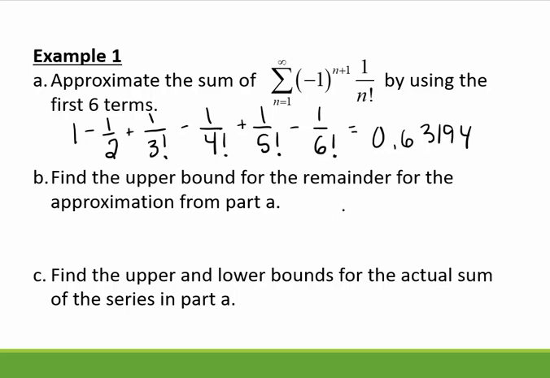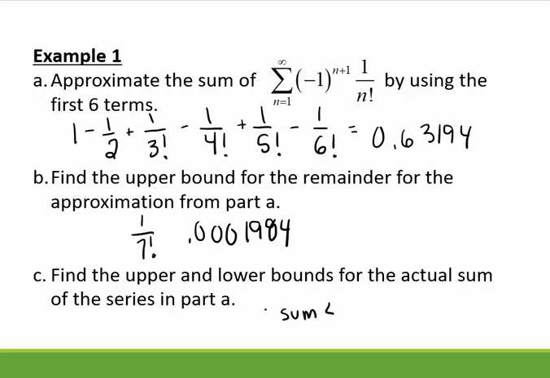Find the upper bound for the remainder. So meaning the rest of the series. What's the maximum the rest of the series is going to add up to? And that is found in the next unused term. So that's in my 1/7 factorial term, which ends up being 0.000198. So I need to find the upper bounds and lower bounds of the actual sum.